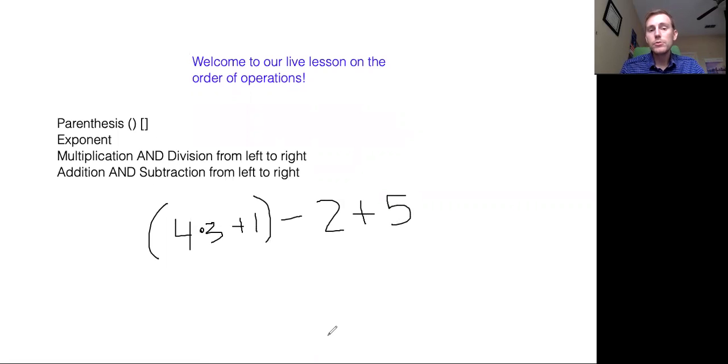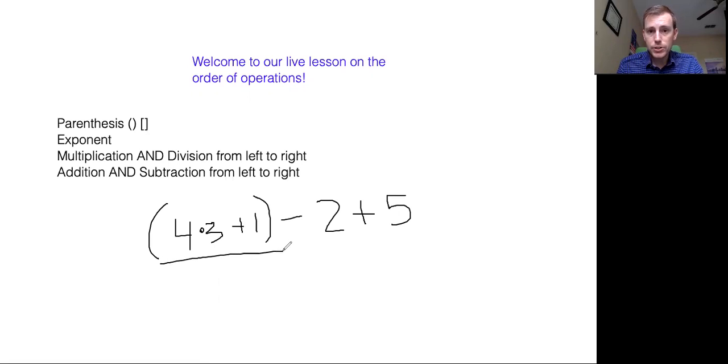All right, this one has a couple more steps, but again, if we take it step by step, you're going to be fine. So let's see that we have parentheses. Do I have any parentheses? I definitely do. I have in parentheses 4 times 3 plus 1. But I have two things in the parentheses. So we have to break that down.